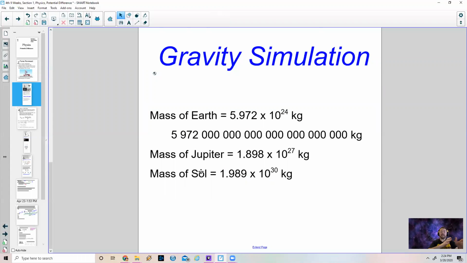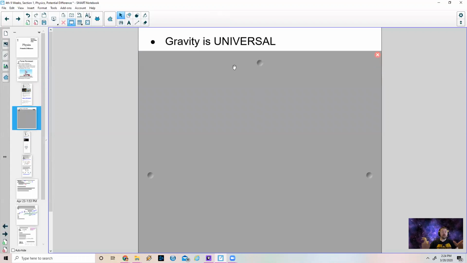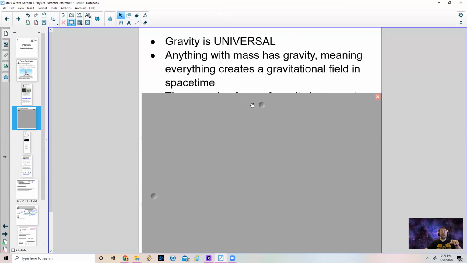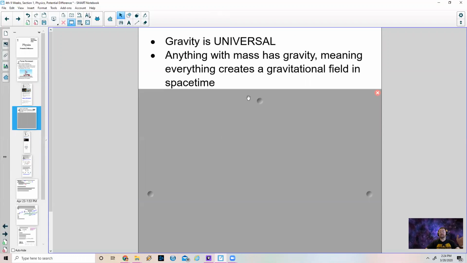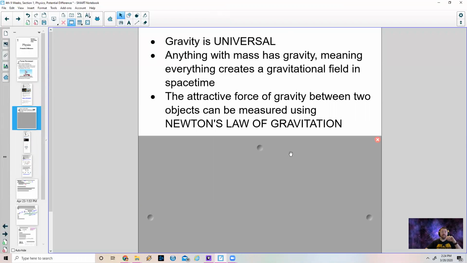So gravity happens anywhere. Gravity is universal. Regardless of where you're at, anything with mass has gravity. And anything that has mass has a gravitational field, and it creates that ripple or distortion in space-time.